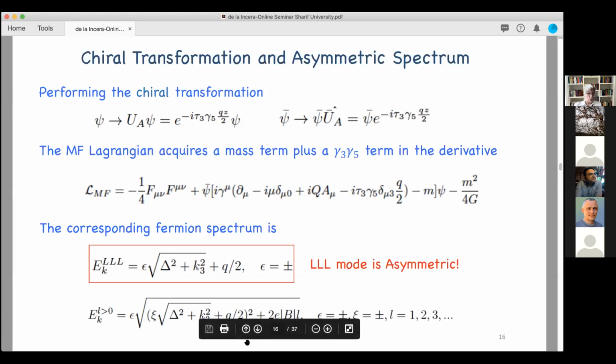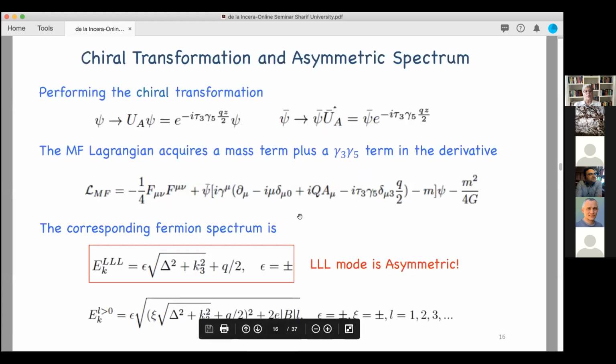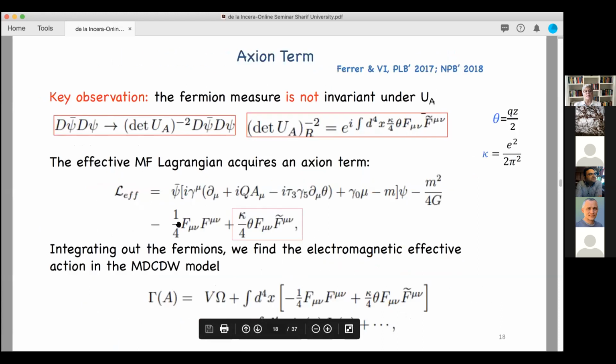When you take into consideration that the measure is not invariant, and you calculate this Jacobian, this determinant is ill-defined.